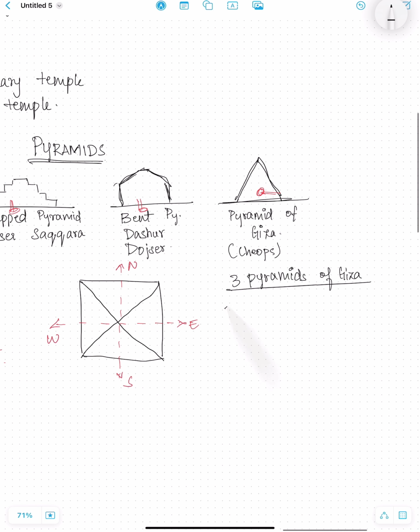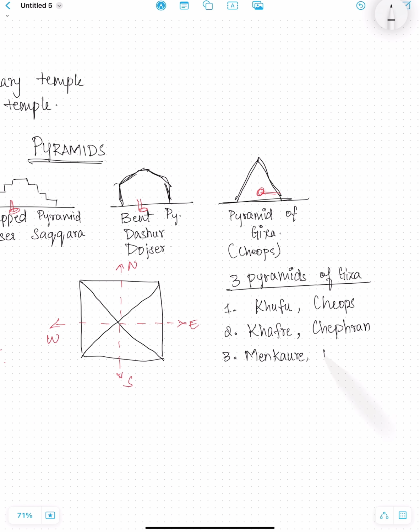So first is Khufu, Cheops, then Khafre, Chephren, and then Menkaure.